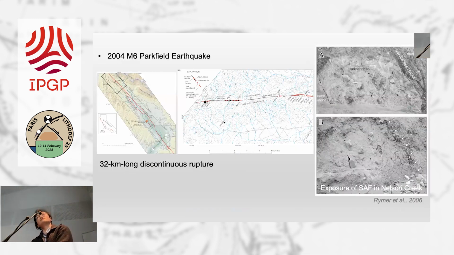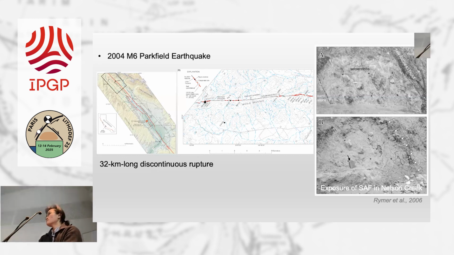Another beautiful example is the 2004 magnitude 6 Parkfield earthquake. The field investigation found that the surface rupture propagated toward the northwest, and then it met the serpentinite region. But somehow the surface rupture didn't choose to break through the boundary between the serpentinite and the mudstone, instead of directly cutting through the serpentinite.